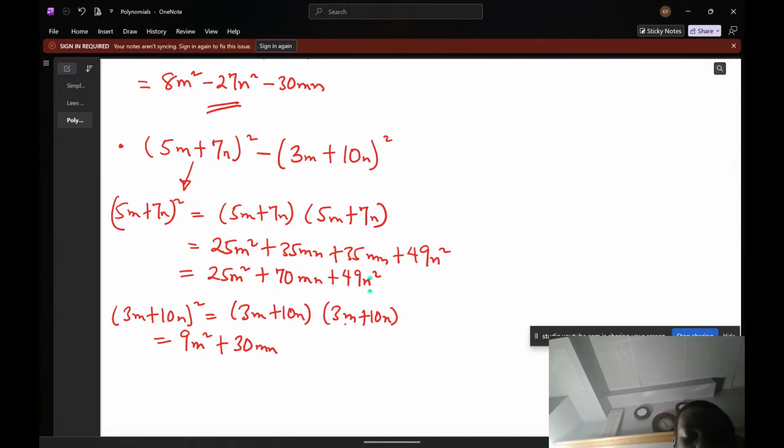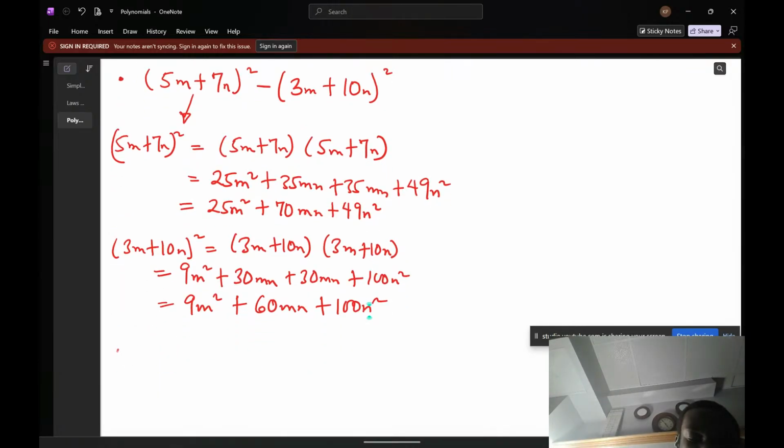Plus 10n times 3m will give us plus 30mn. 10n times 10n will give us plus 100n squared. Okay, so we have 9m squared plus 60mn plus 100n squared.